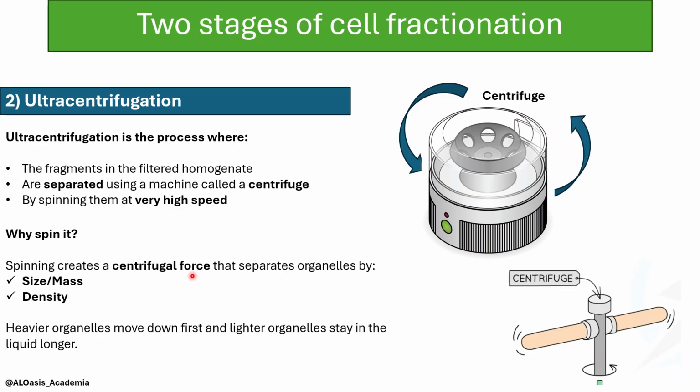So centrifugal force is what separates the organelles within the tube based on two main factors. The first one is the size or mass of each organelle, and the second one is the density of the organelle. That means that heavier organelles will move down first. So heavier organelles will be at the bottom of the tube while spinning, and lighter organelles will be at the top of the liquid here.